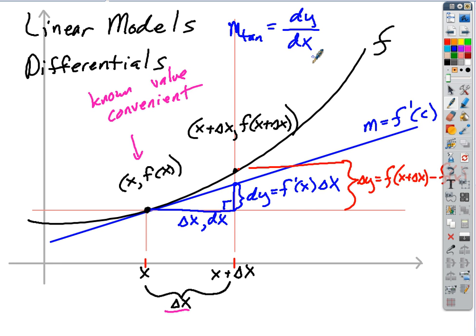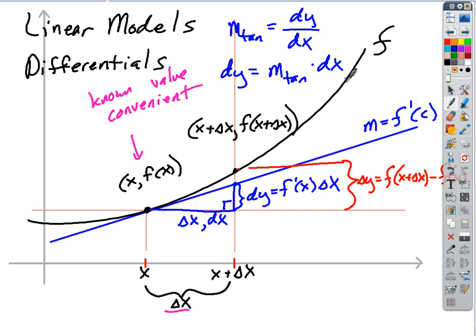And if we were to solve that for dy, which is what we're really trying to find an expression for, then dy just becomes the slope of the tangent line times dx, right?